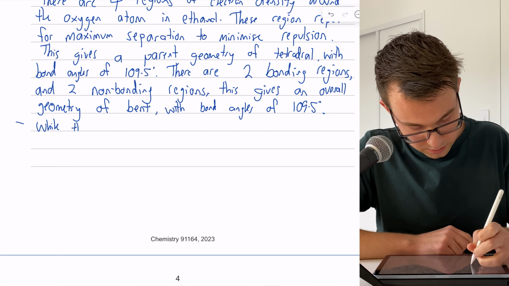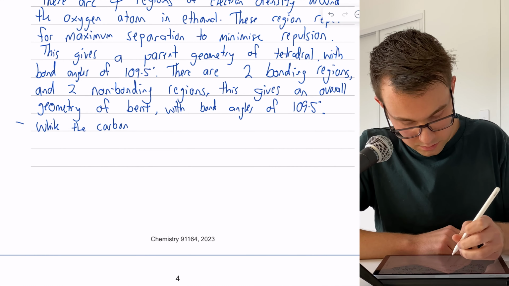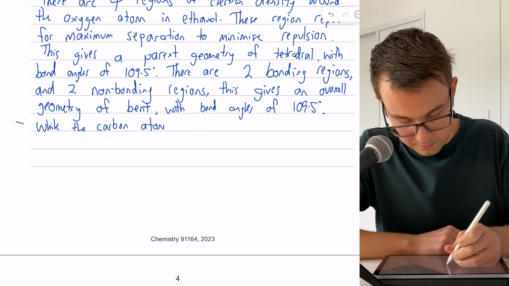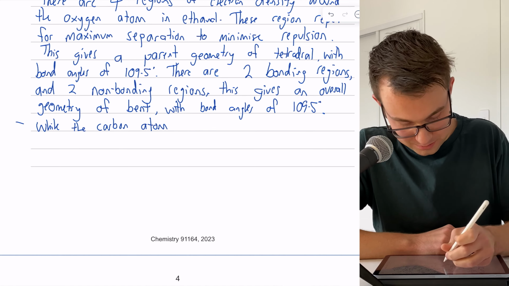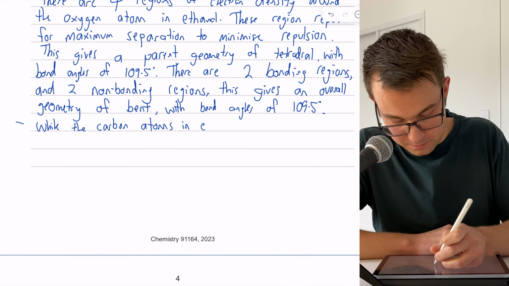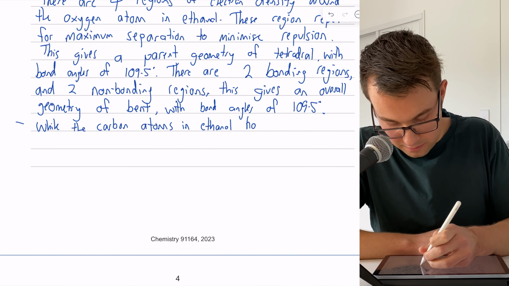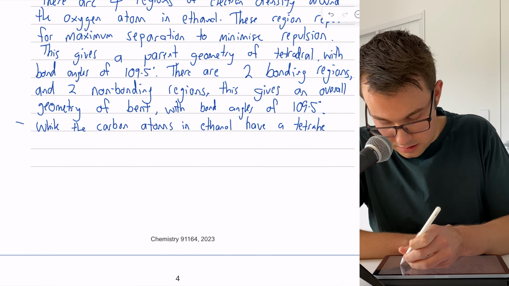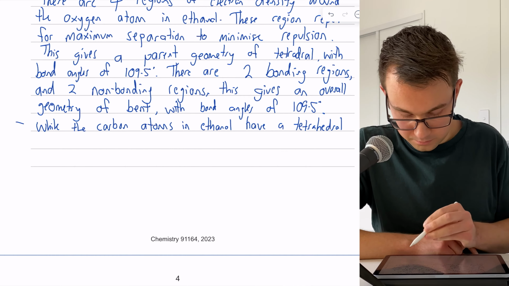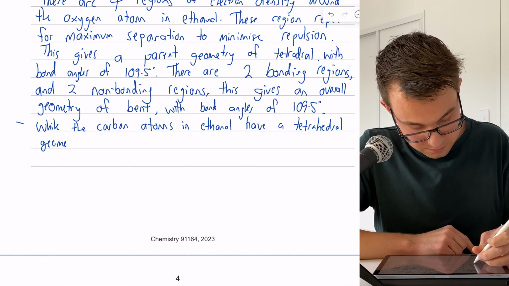While the carbon atoms in ethanol have a tetrahedral geometry.